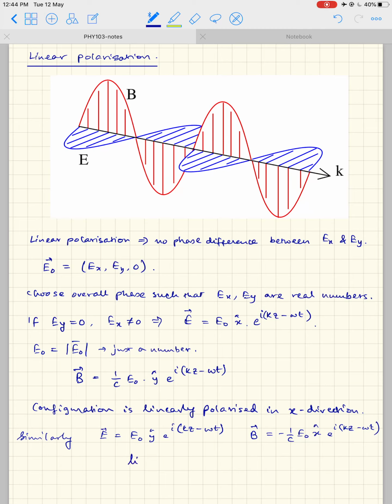This is linearly polarized in the y direction.